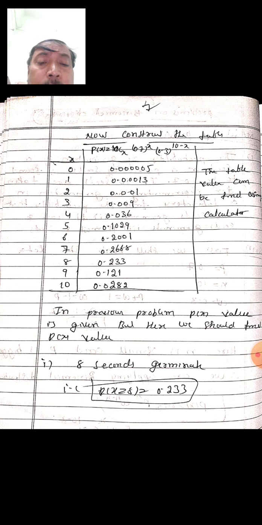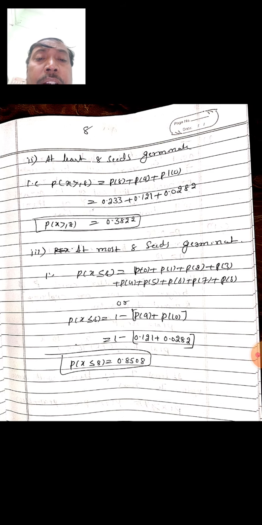Okay, now we are going to find x, that is exactly 8 seeds germinated. That is probability x equal to 8. Exactly means x equal to 8. See in the table, x is 8 is 0.233. Next it asks to find at least 8 seeds. What is the meaning of at least 8 seeds? At least 8 means minimum 8 or more than 8, it should not be less than 8.